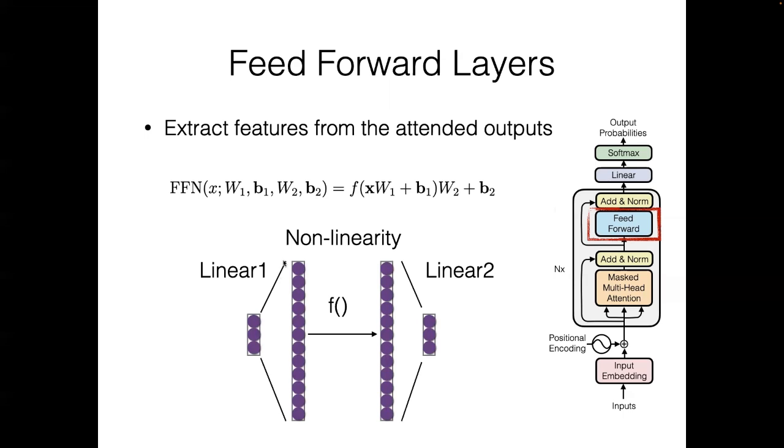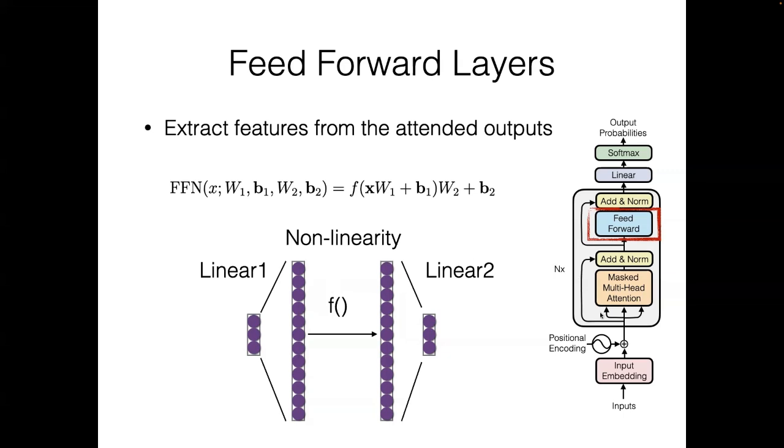Again, here you could have a two-layer network where you have a weight matrix, you have some activation function, and then you have another weight matrix. In previous classes, we gave some intuition for these feed-forward networks. They can learn these combination features, and they can introduce the nonlinearities and just make the network more expressive.